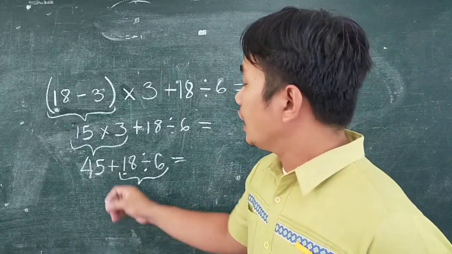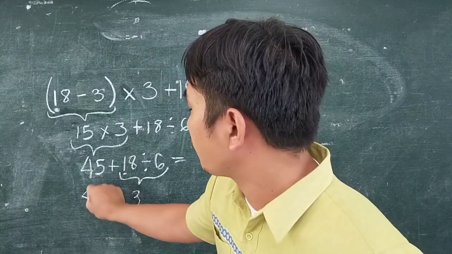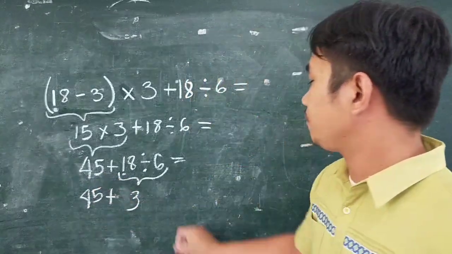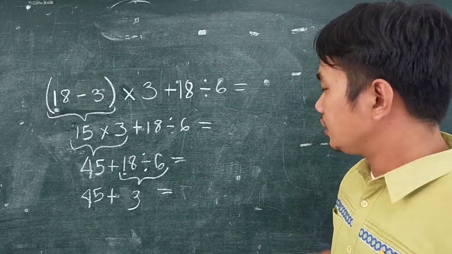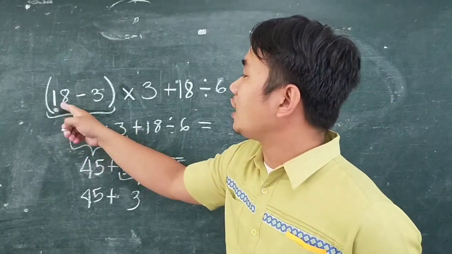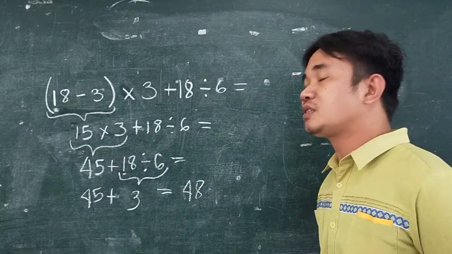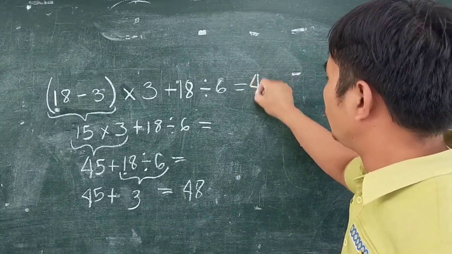So, 3. Copy the operation and the remaining number, plus 45. So, 45 plus 3, very good, that is equal to 48. So, our answer from 18 minus 3 times 3 plus 18 divided by 6 is equal to 48.